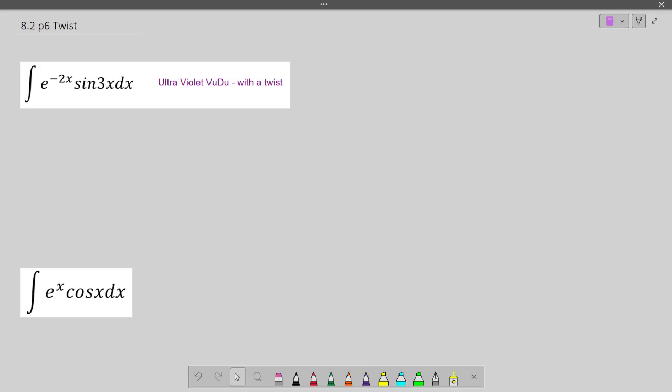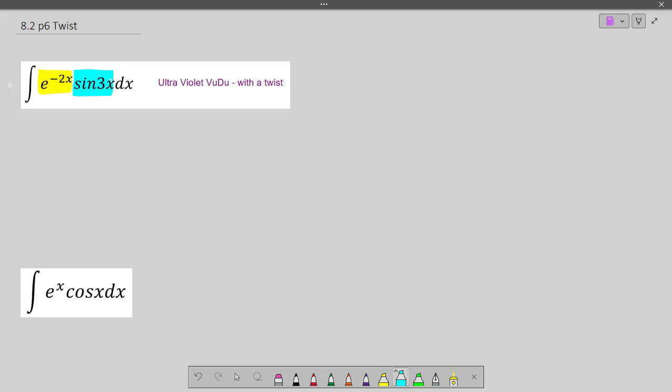So, when we look here at this integrand, once again, we see two well-defined functions. We see a very natural choice. We have the exponential function, we have the sine function. Let's just think for a minute.